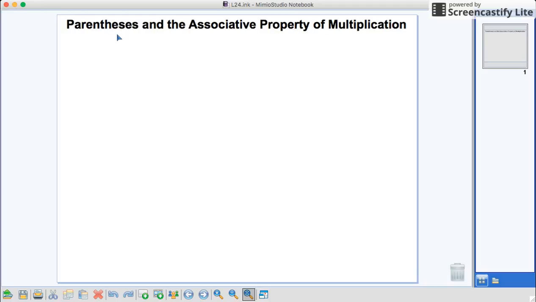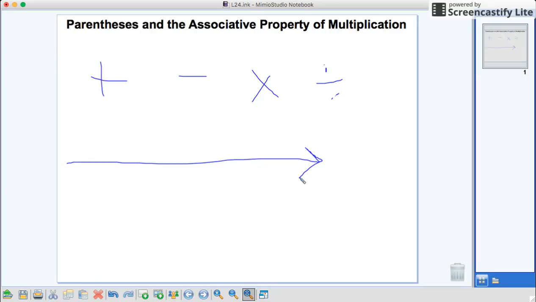Well, as we know, our different operations are addition, subtraction, multiplication, and division. And we work from left to right to do our problems.